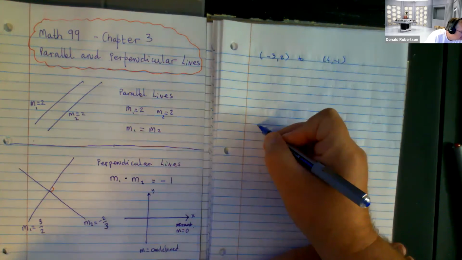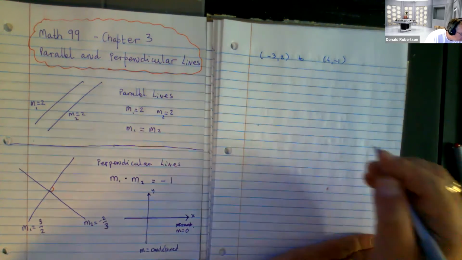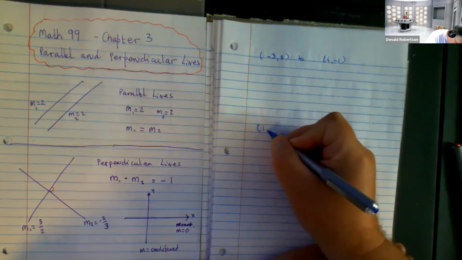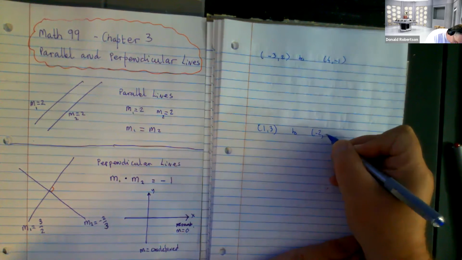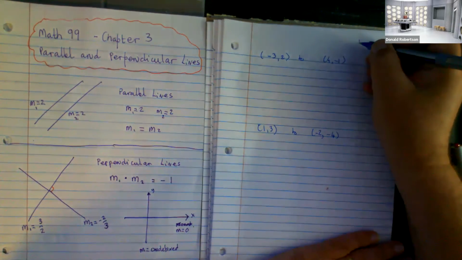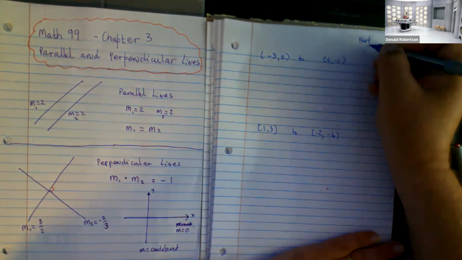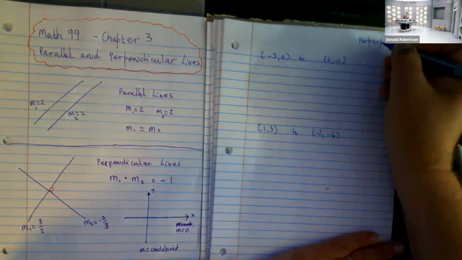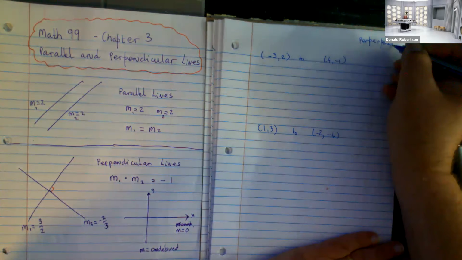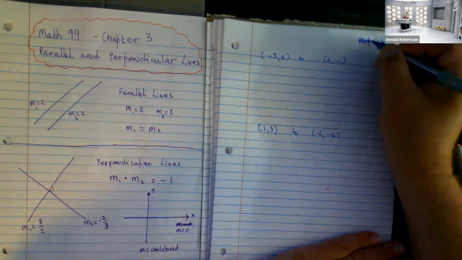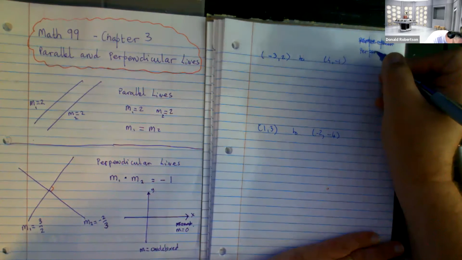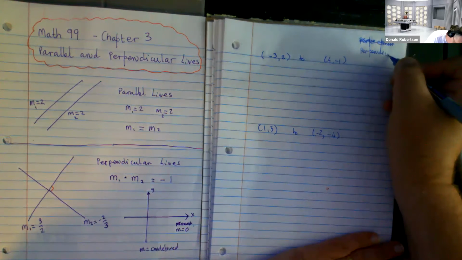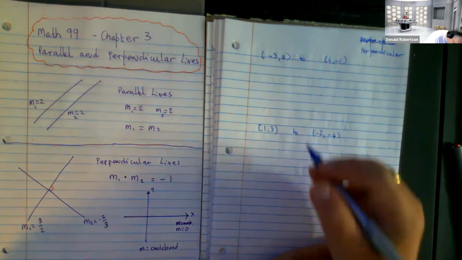And then the other pair of points is 1, 3, and it's going to join to -2, -4. And to remind myself, we are being asked, are these pairs of lines perpendicular?